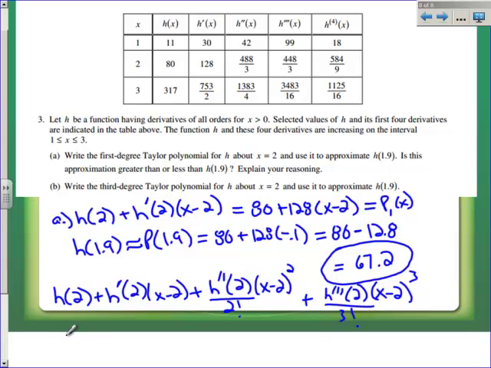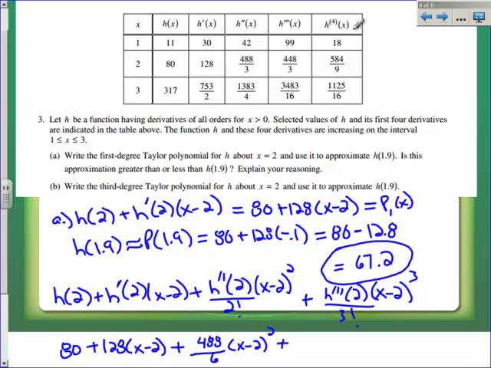H of 2 is 80. H prime of 2 is 128. H double prime of 2 is 488 thirds divided by 2, which is 488 over 6.